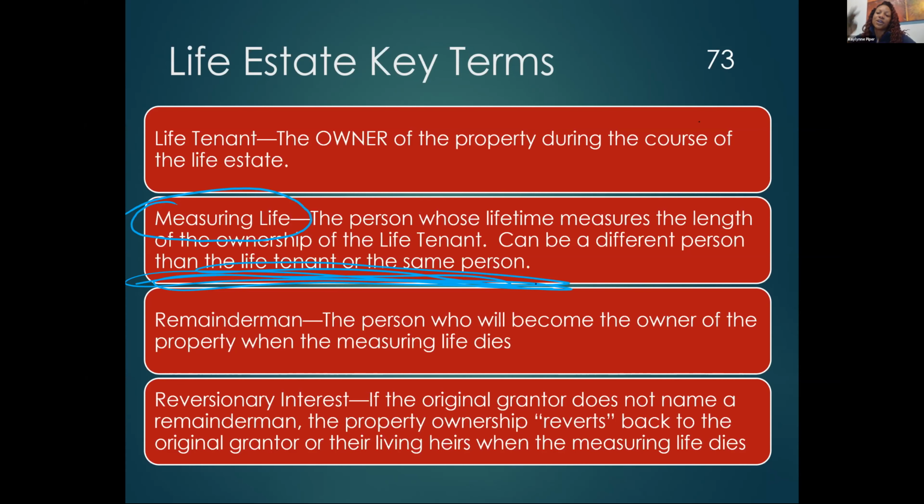So we'll just say Travis had said, Tasha, you're going to own this house until you die. And then who named the remainder man? I did, as soon as I created it. I don't wait till Tasha dies. I do it at the very beginning. Tasha owns it till Tasha dies, and then it goes to Michelle, all in one big long statement.